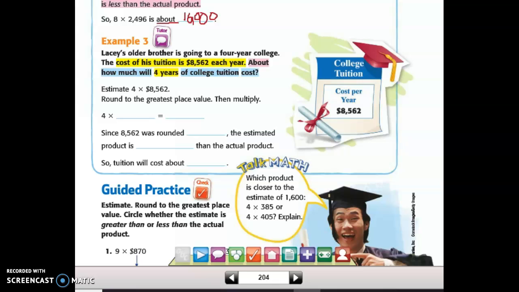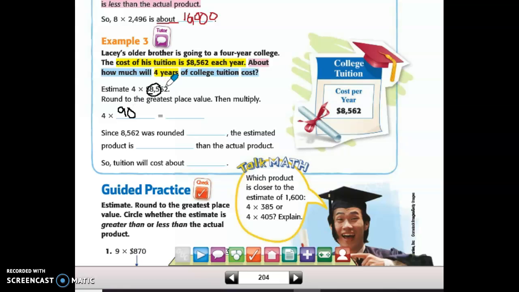So I'm going to estimate 8,562. Underline the place I'm rounding to. Circle that and the one before it. And remember, when we've got that 5, even though it's right in the middle of the number line, we're going to round it up. So 85 rounds up to 90.